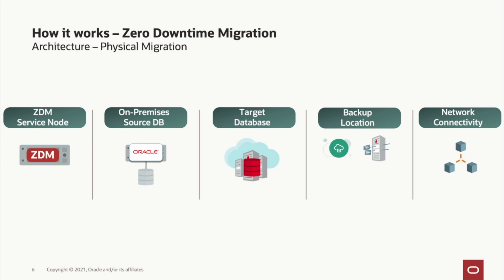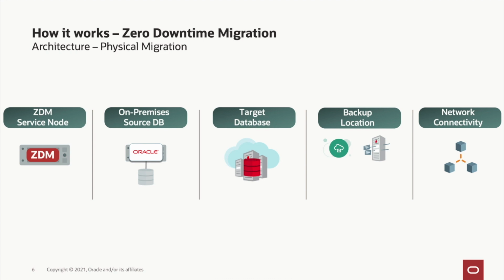Nothing fancy, nothing special. Now, we have the on-premises source database, which is your Oracle database that you're going to be migrating. Then we have the target database cloud service, which could be DBCS virtual machines, Exadata Cloud Service, Exadata Cloud at Customer, and of course, if you want, you can also migrate to Exadata on-premises with ZDM. Then the backup location.